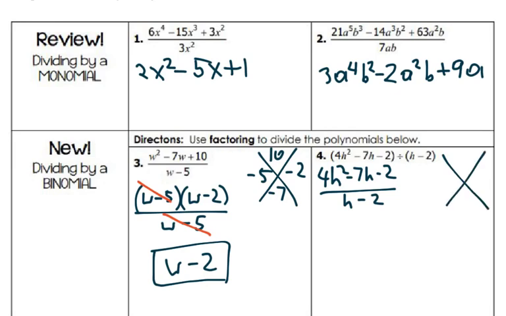And so first we have to multiply 4 times -2, which is -8, times -7. Then you find the factors of -8 that add up to -7, and the factors are -8 and 1. So I'm going to rewrite the numerator as 4h squared minus 8h plus 1h minus 2.